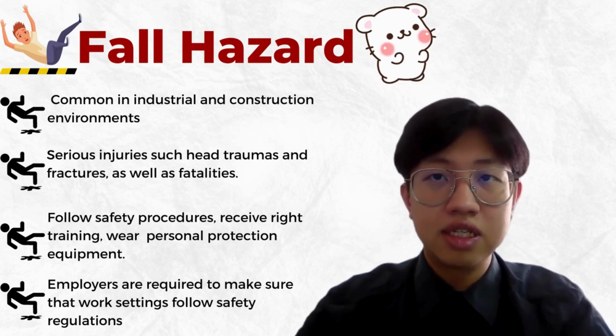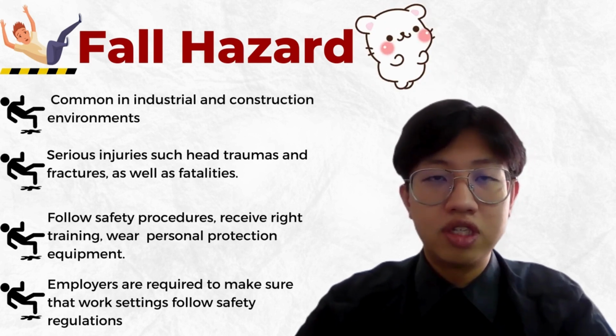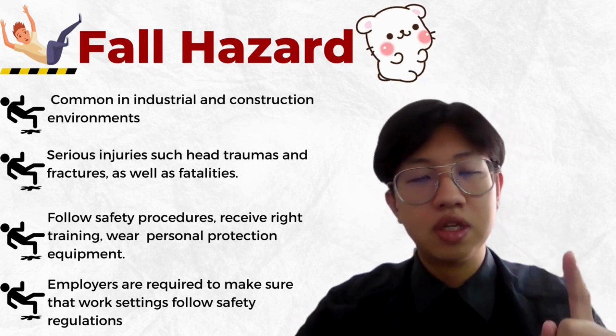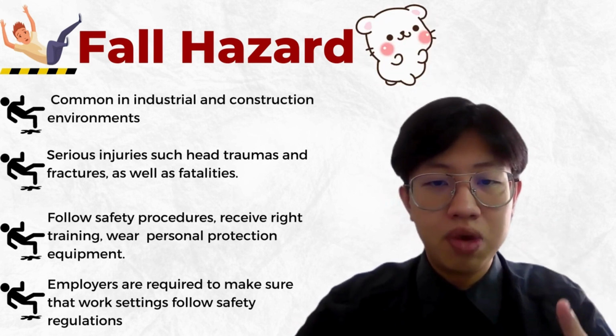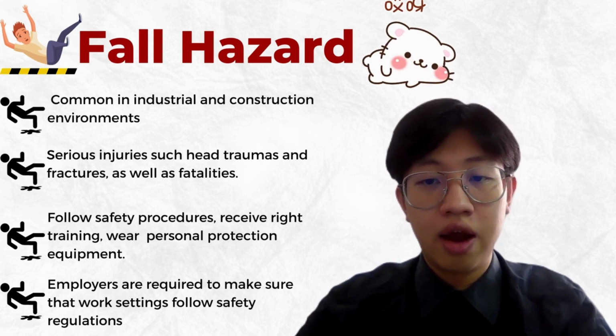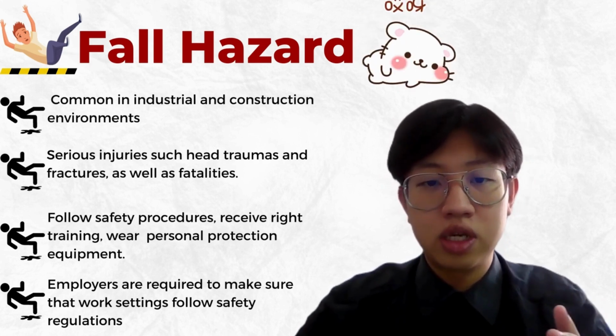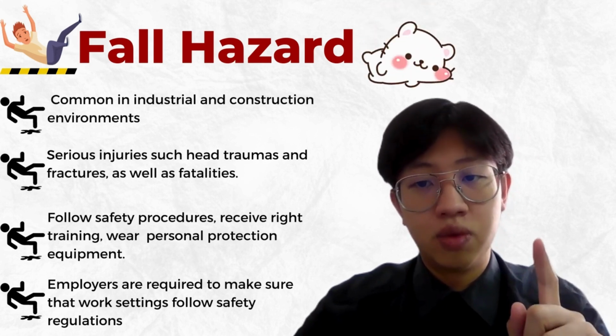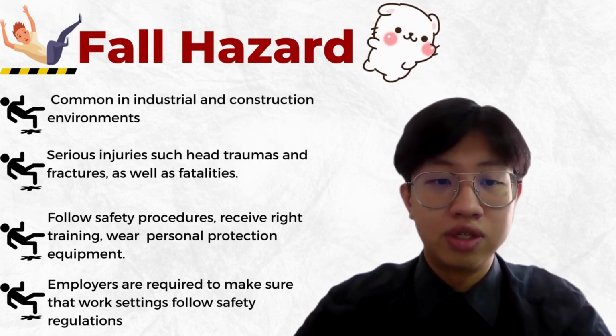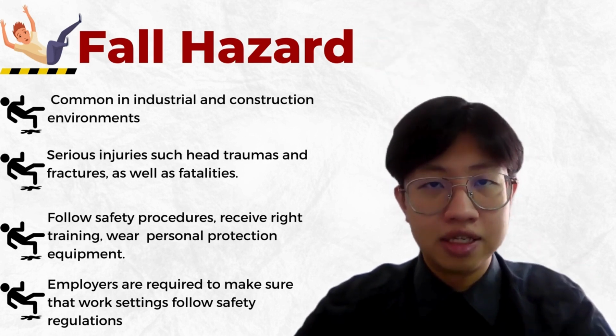Hence, it is essential to follow safety procedures, receive the right training, and wear the right personal protection equipment. Meanwhile, employers are required to put safety measures in place, such as offering personal protection equipment and make sure that the work setting follows safety regulation to minimize fall-related accidents.